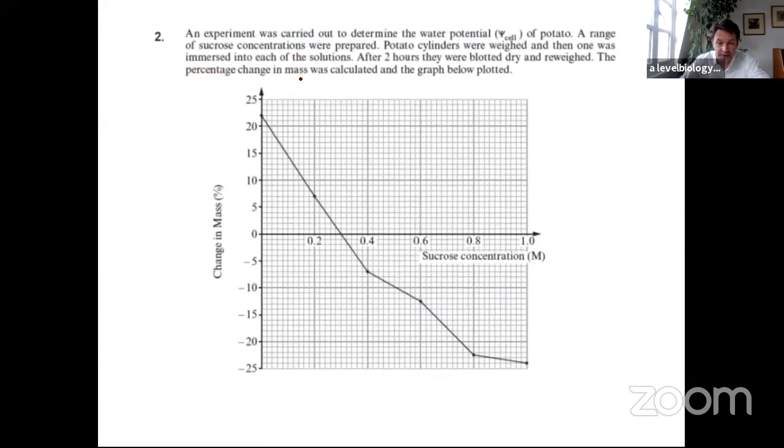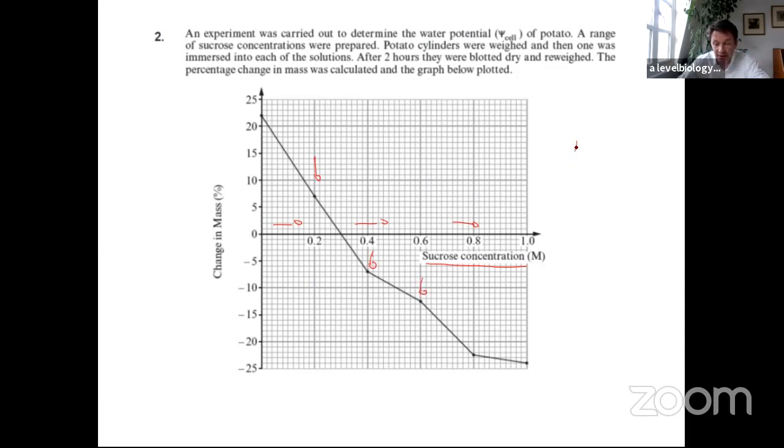Classic one with putting different potato tissues into different sucrose solutions and then reweighing them. So we've got percentage change in mass of the potato, with sucrose concentration as the independent variable and change in mass as the dependent variable. As we increase the sucrose concentration, you reach a point where firstly they gain less mass and then they begin to lose mass.